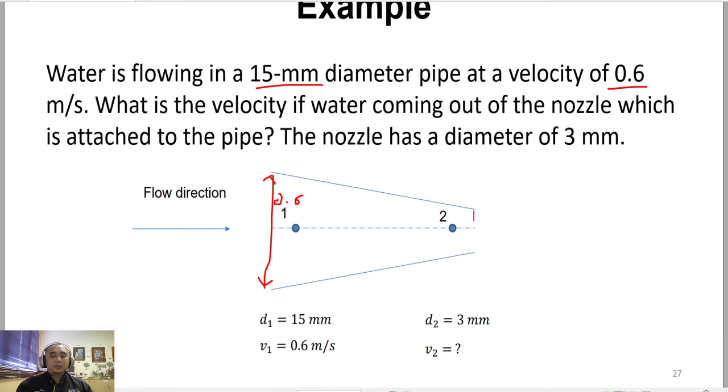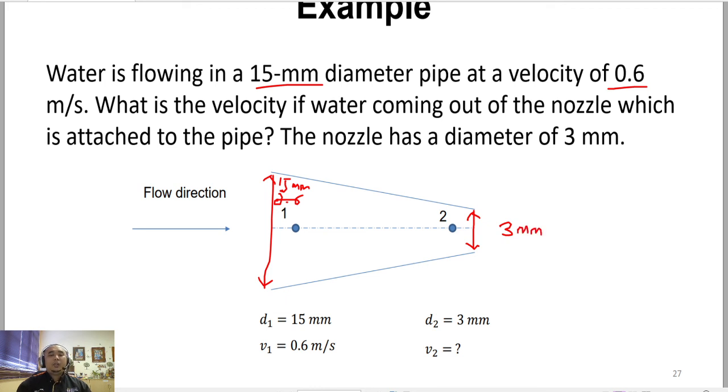Bila nozzle ni maksudnya air pancut kan. Okay. So dekat sini kita punya bukan 0.6. Dia punya diameter is 15 mm. Tapi kita attachkan kita punya nozzle dekat bahagian keluar ni. So dia punya diameter 3 mm.